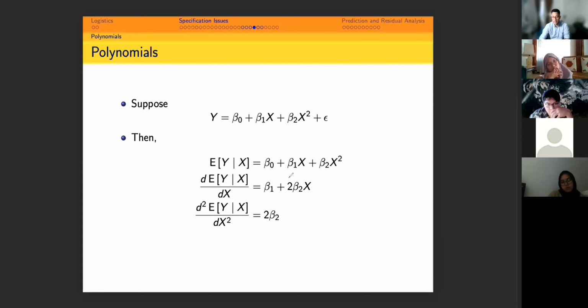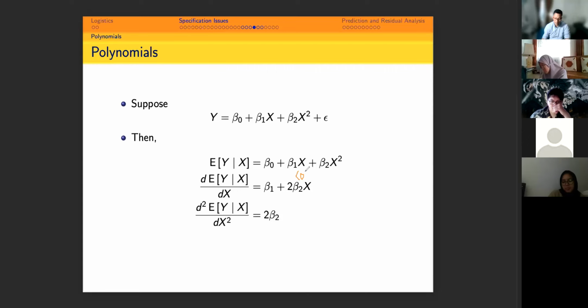Now, as you can see, it really depends on the value of beta 2. So beta 2 could be positive. What does it mean if beta 2 is positive? It means that the partial effect of x is actually increasing with x. So the higher the x, the higher the marginal effect on y. What would happen if beta 2 is negative? If beta 2 is negative, then the effect of x on y is decreasing with x.